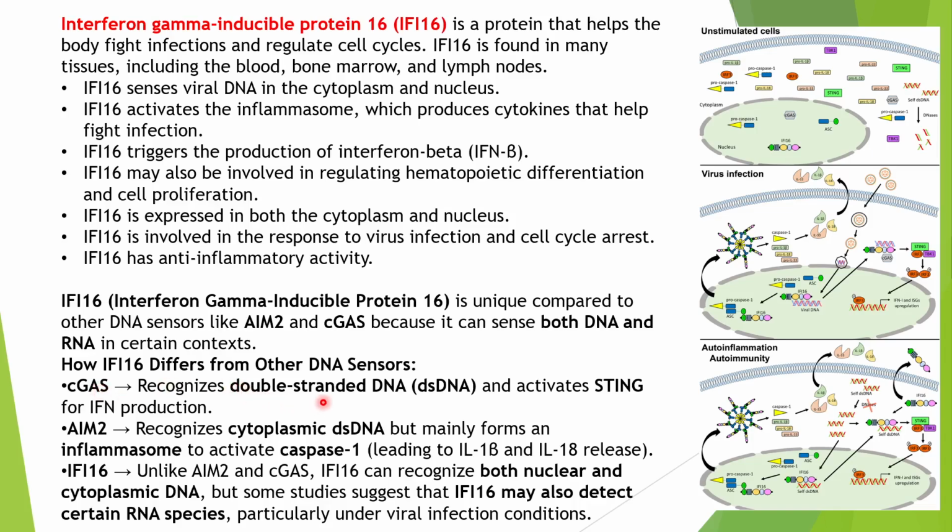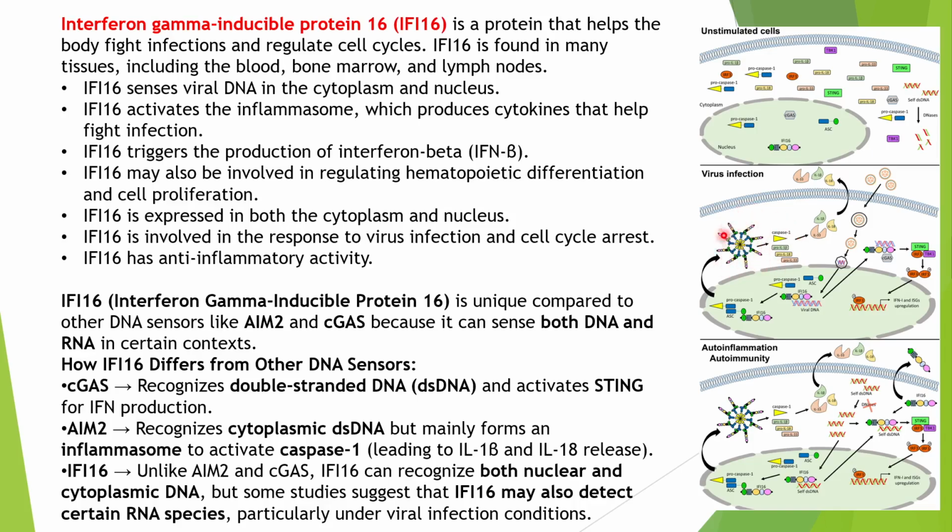So your cGAS recognizes double-stranded DNA and then it activates your STING pathway. Then your AIM2 recognizes your cytoplasmic double-stranded DNA, but mainly forms an inflammasome to activate caspase 1. So every sensor has a pathway through which it can activate your immune response. One can be via production of interferons, and one can be via formation of inflammasome.